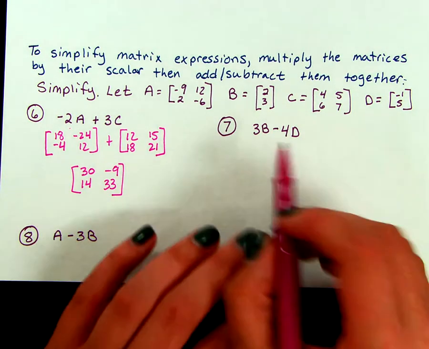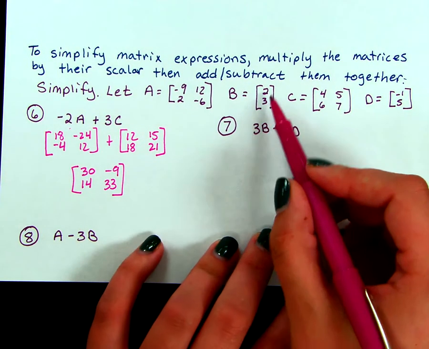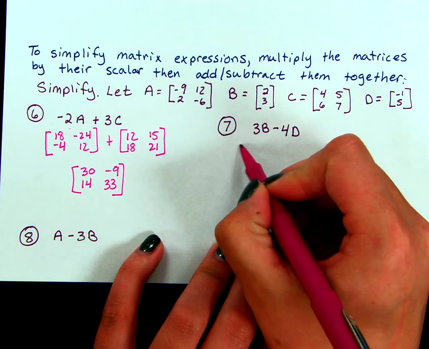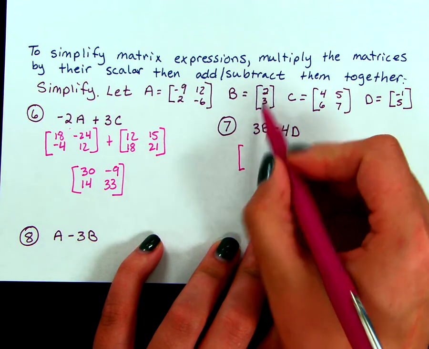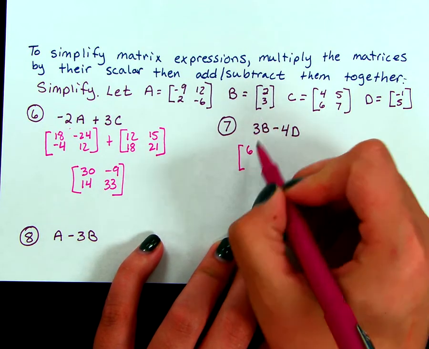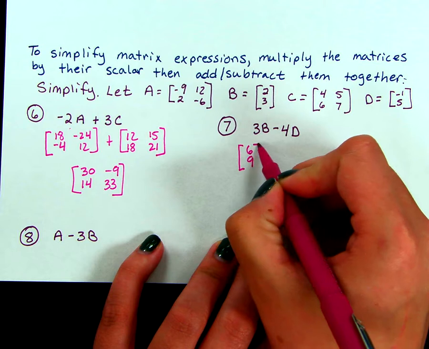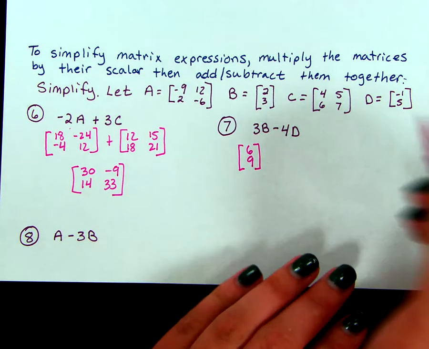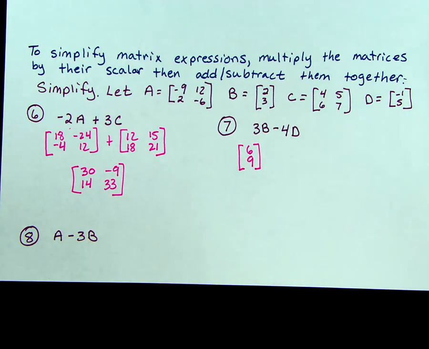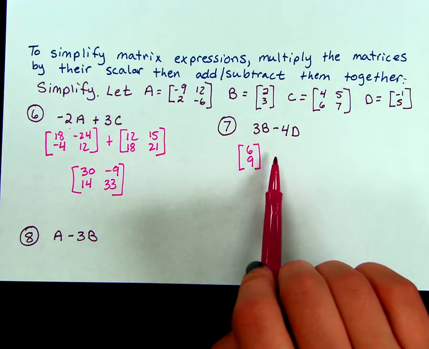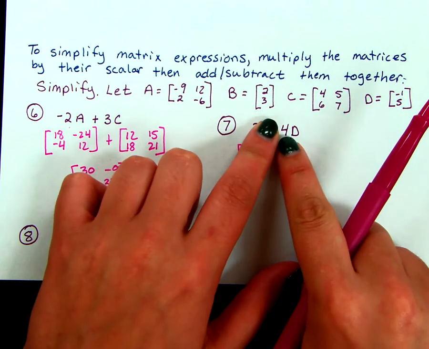So our next example, this time we're going to take 3 times matrix B. So 3 times 2 is 6. 3 times 3 is 9. Now, for this part, we have to be a little bit careful how we write it. If we're going to write minus here, then we're going to end up multiplying D by positive 4.